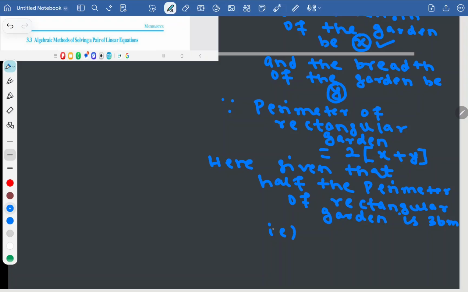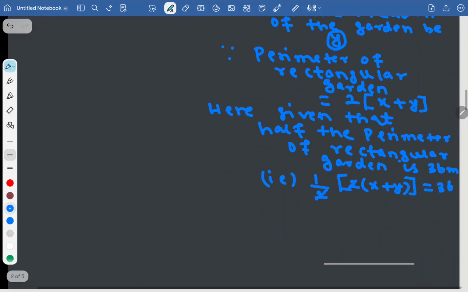That is, 2 times (x plus y) equal to 36. 2 will get cancelled. We are getting one equation, x plus y equal to 36, equation 1.